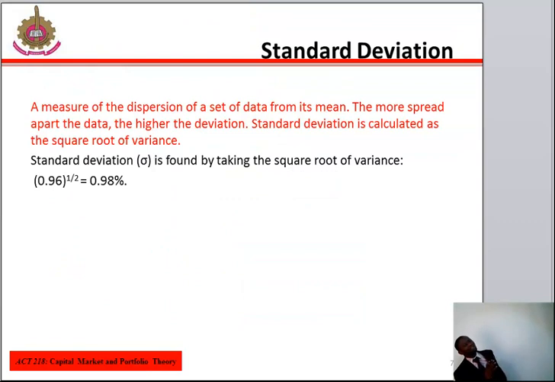If you look at the calculation of standard deviation, you discover that the standard deviation is a measure of dispersion of a set of data from its mean. The more spread apart the data, the higher the standard deviation. Standard deviation is calculated as the square root of the variance as calculated above.